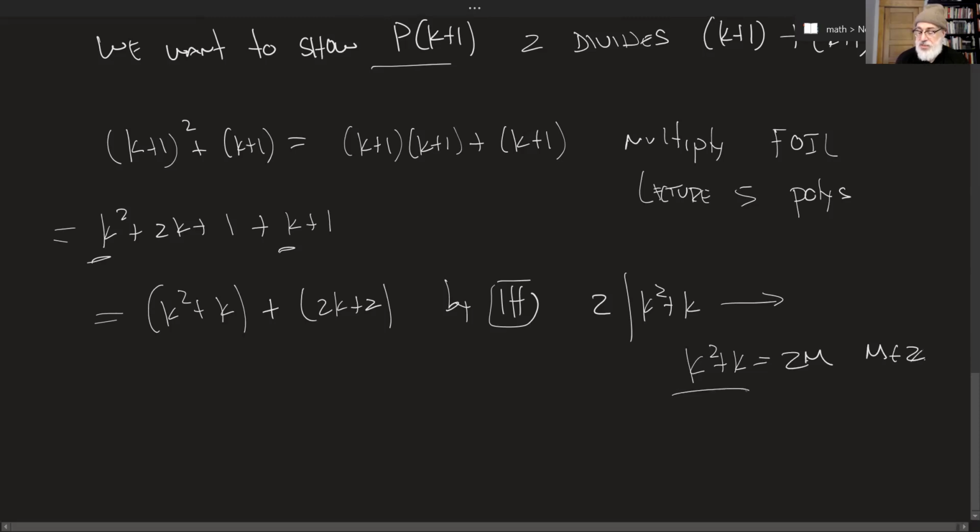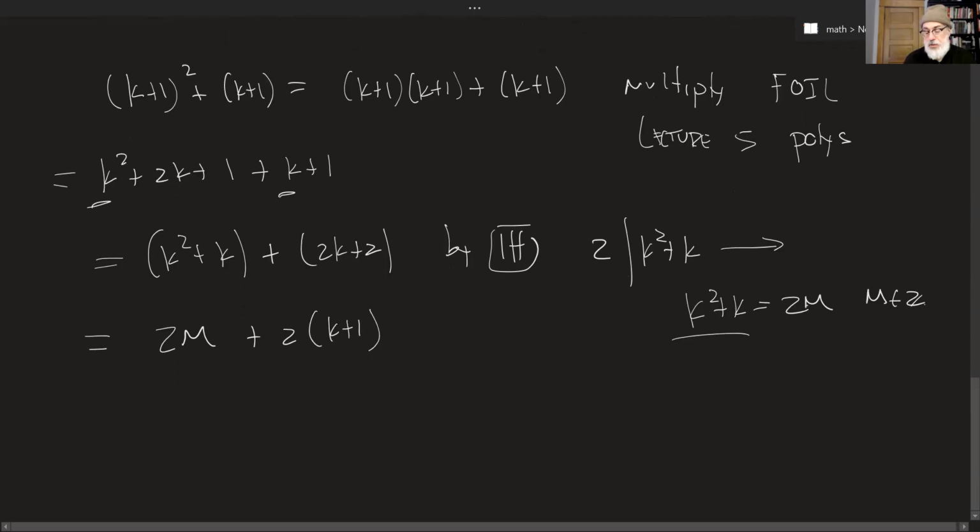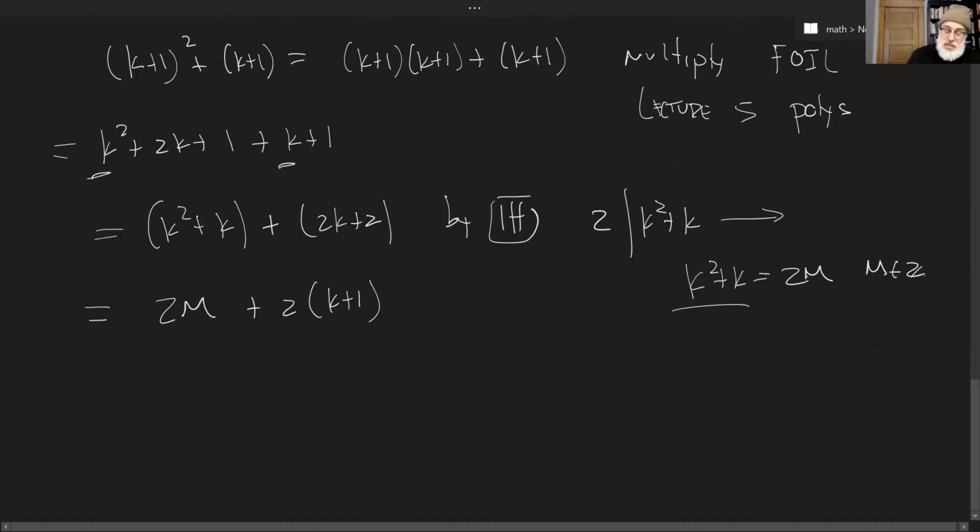So I can replace this in this equation with 2m, because that's the assumption, that's the induction hypothesis. Now I could factor a 2 out of this binomial, and we get k plus 1. Now notice that each term has a 2, so I'm going to factor a 2 out, and I'm left with m plus k plus 1.